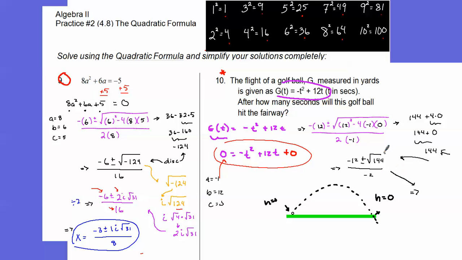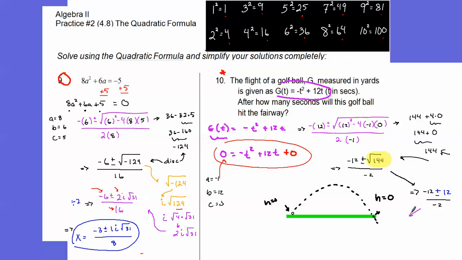Alright, so simplifying this square root of 144, we know the square root of 144 is going to be 12. So we have now plus or minus 12. In front of that, we have the -12, and all of that will be divided by -2. This is going to produce for us 2 results.